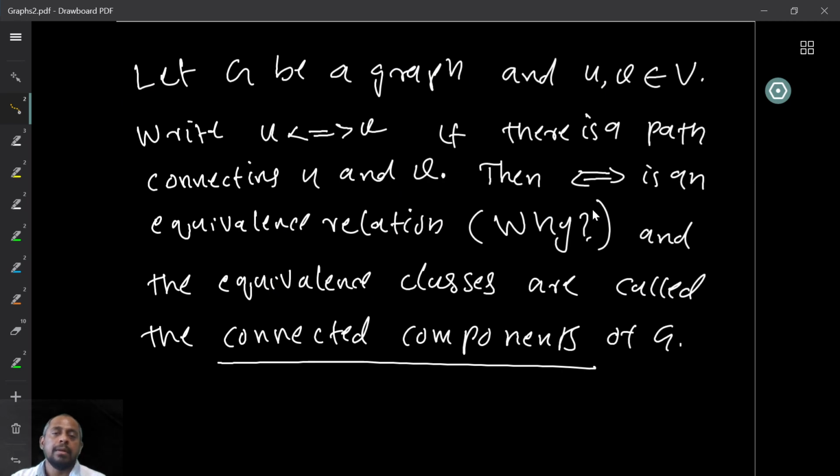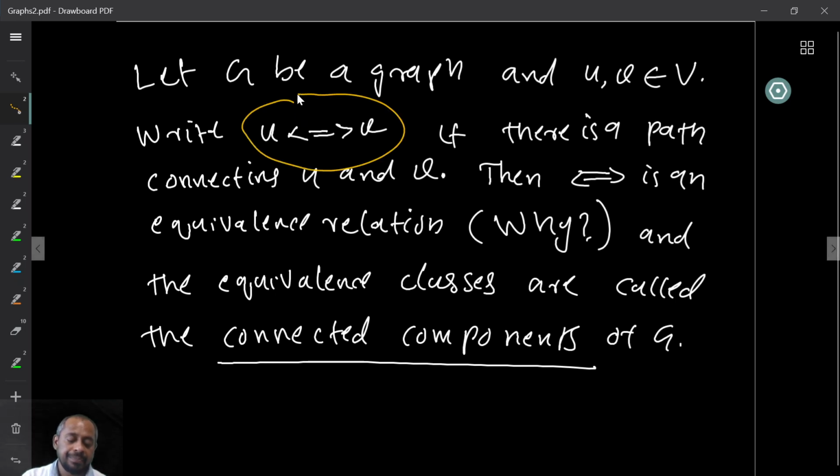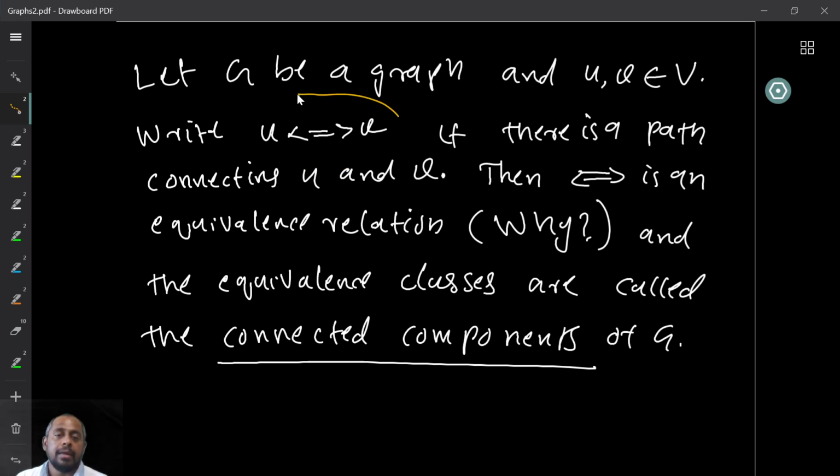Now, given a graph G and a pair of vertices, let us say that U is interconnected to V if there is a path connecting U and V. Okay, so U and V are interconnected if there is a path connecting U and V, and then we use this notation to say that the vertices are interconnected.